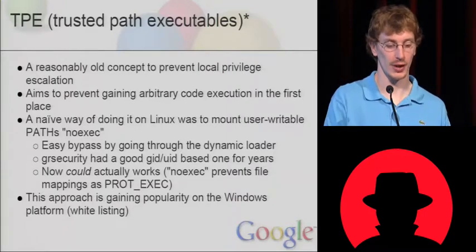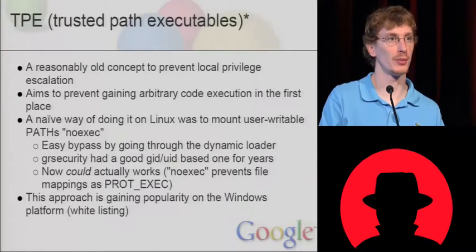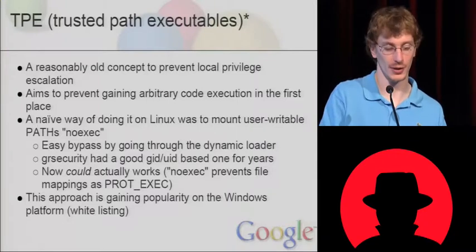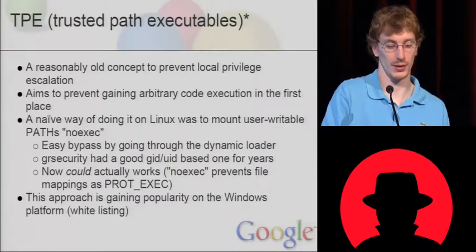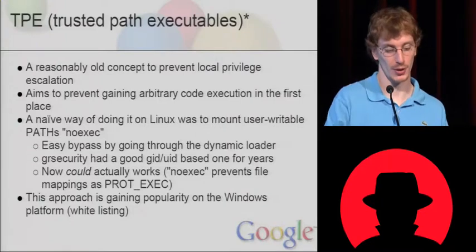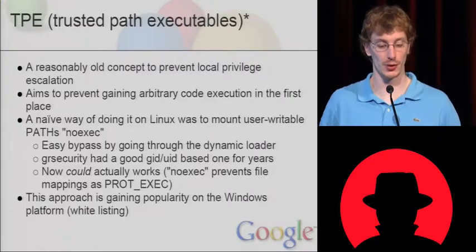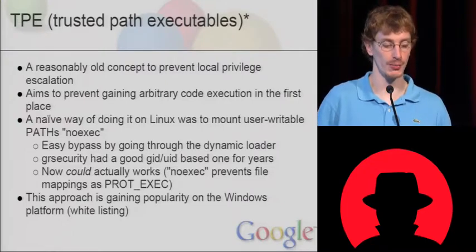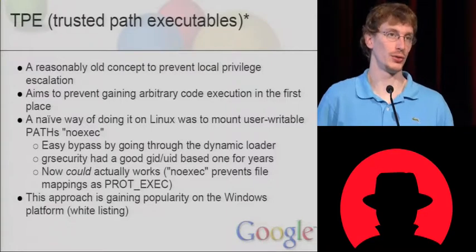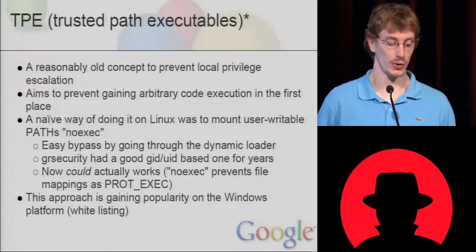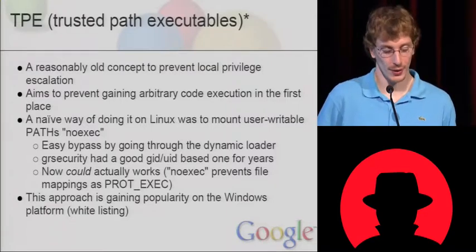I've seen people running shell boxes in the mid-90s using this. It was pretty popular, and there was a very naive way of doing it on Linux, which was to just mount all writable paths as no exec. So if you could write somewhere, you could not execute the code.